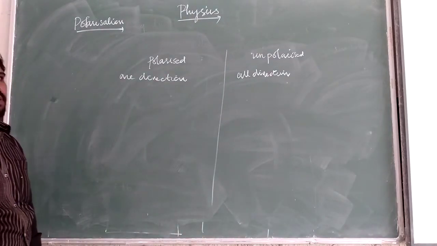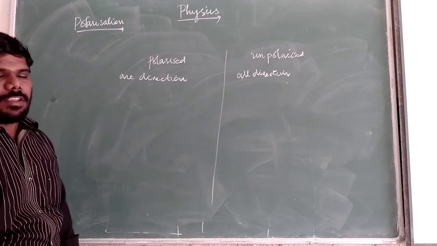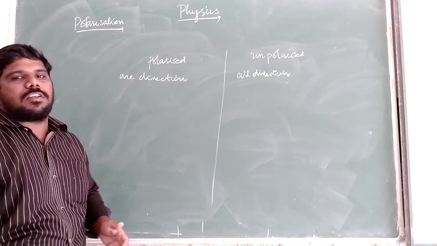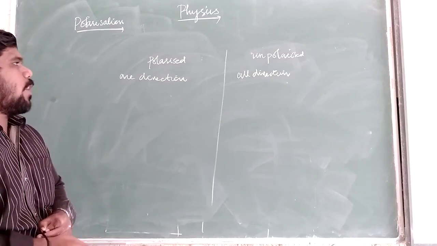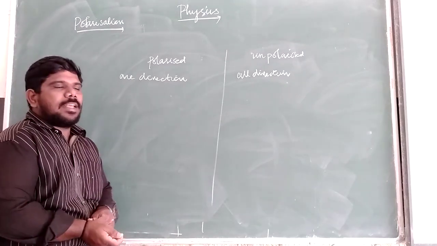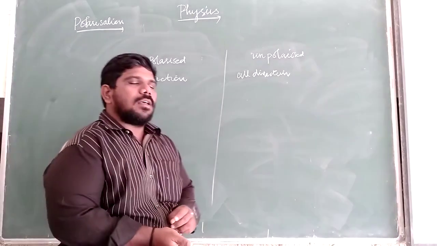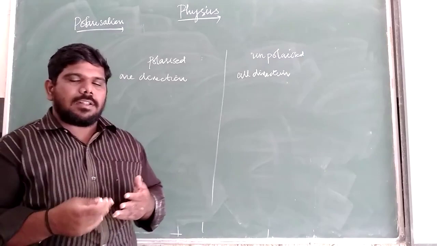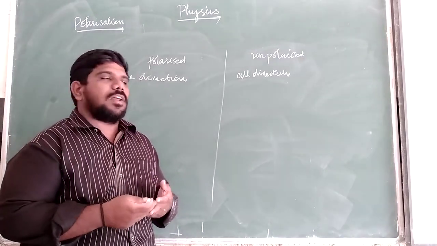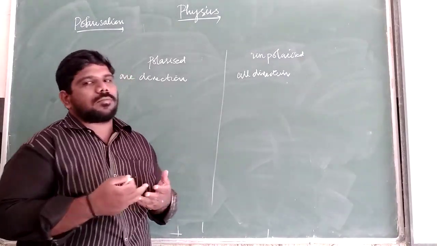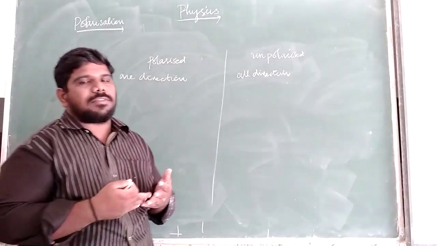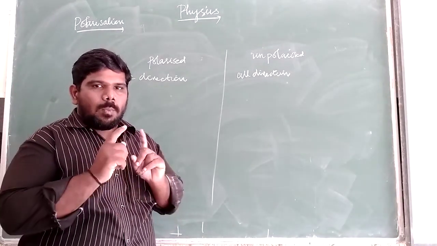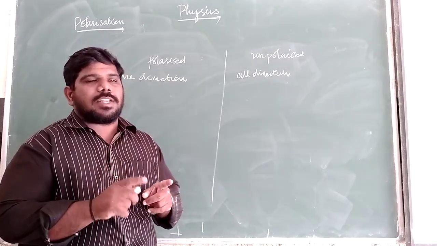So what is polarized light? Polarized light consists of waves in which the electric field and magnetic field vectors vibrate in one direction perpendicular to the plane of propagation. Then what is unpolarized light? The waves consist of electric field vectors and magnetic field vectors vibrating in all directions perpendicular to the direction of propagation.